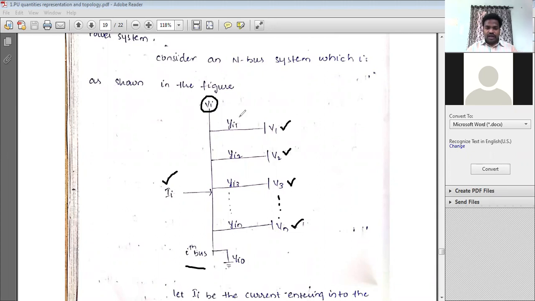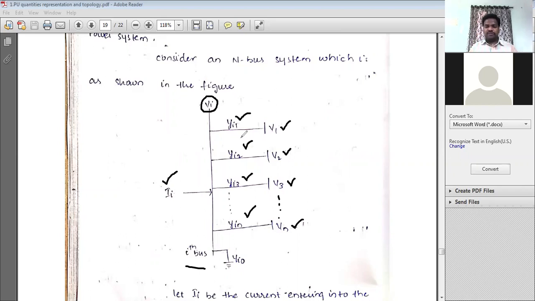Now see here, I have written yi1, yi2, yi3 and yin. These are the admittances which have been connected between the ith bus and the nth bus. Here n may be 1, 2, 3, 4, 5, etc., up to n, but i is fixed.